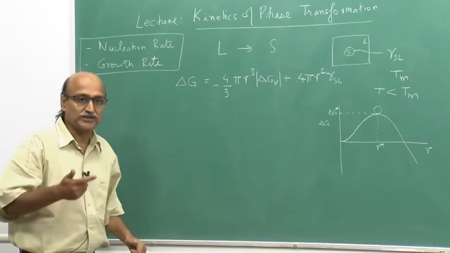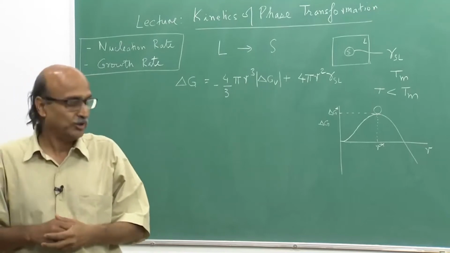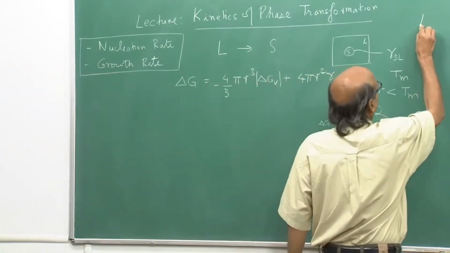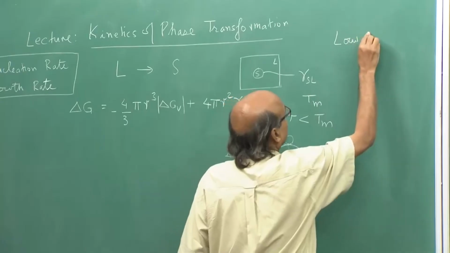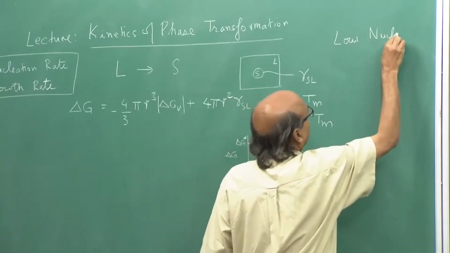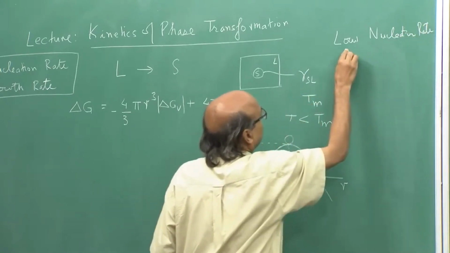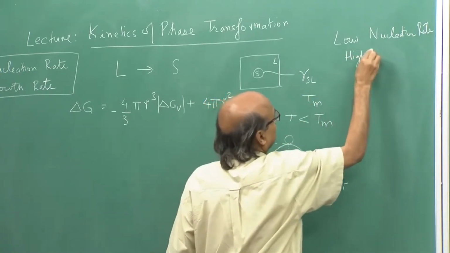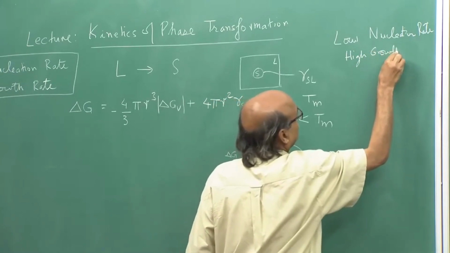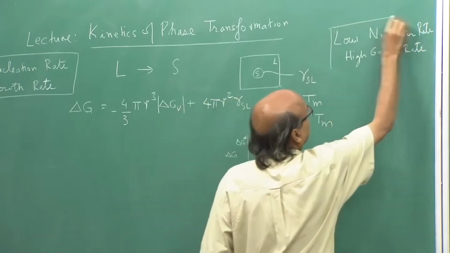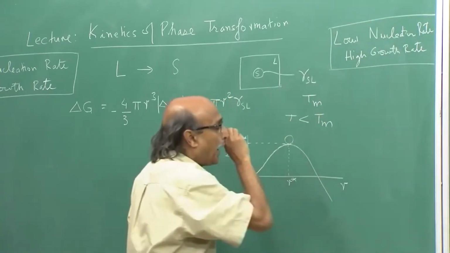However, because of the high temperature, the growth rate could be high. So, you can have a situation where you have low nucleation rate and a high growth rate. This could be one kind of situation.